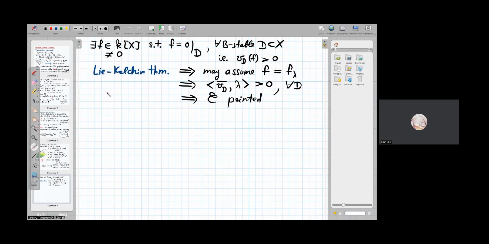Okay, so maybe let's go on. Let's go further. So we have proved that C is pointed. Now, let us take any vector V in the intersection of C with the valuation cone.